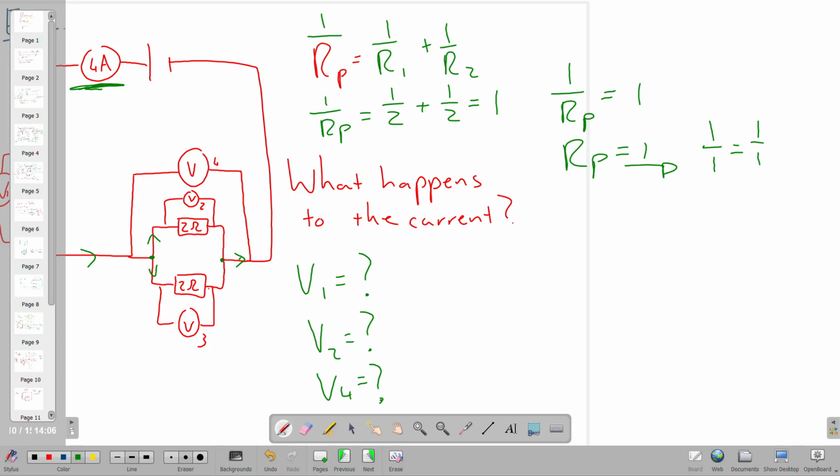But let's say I had something like 1 over Rp equals 3 over 4. Now it's pretty simple, but just to make sure with our calculators, you can say your answer is 3 over 4 equals, and just say inverse of answer equals 4 over 3. So what that will mean is Rp is actually, not 3 over 4, sorry, 4 over 3.